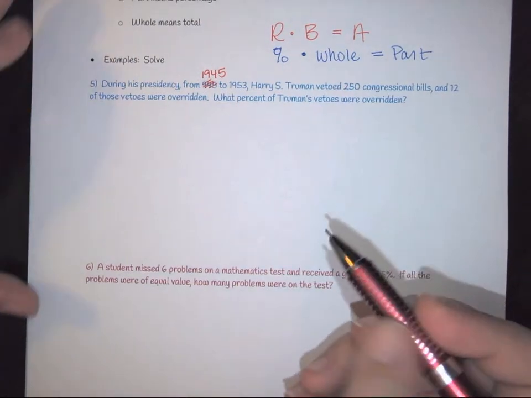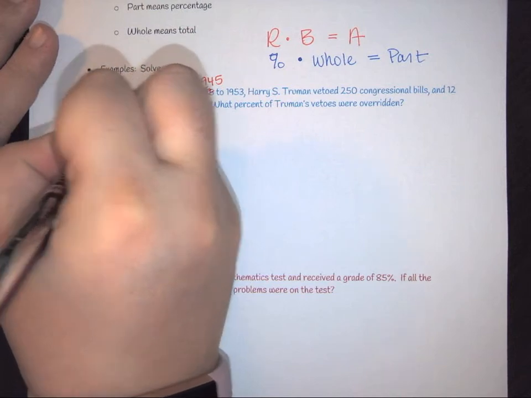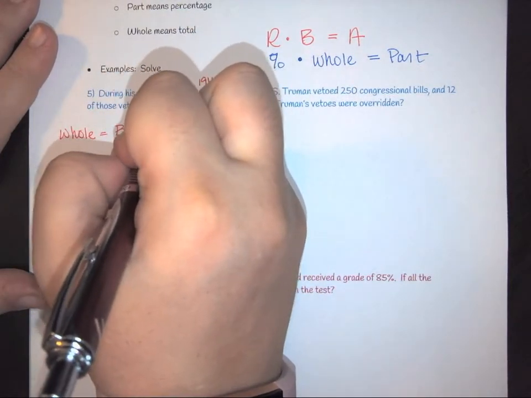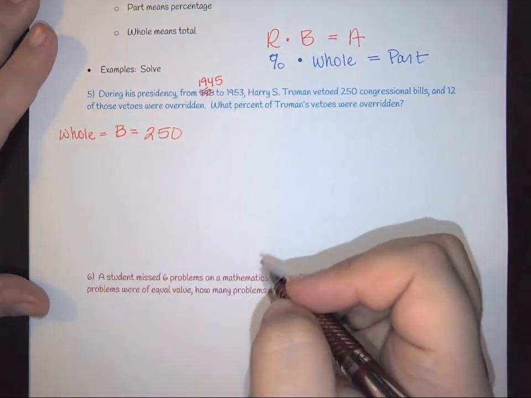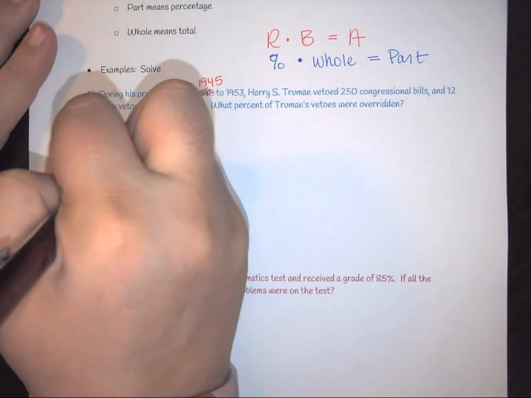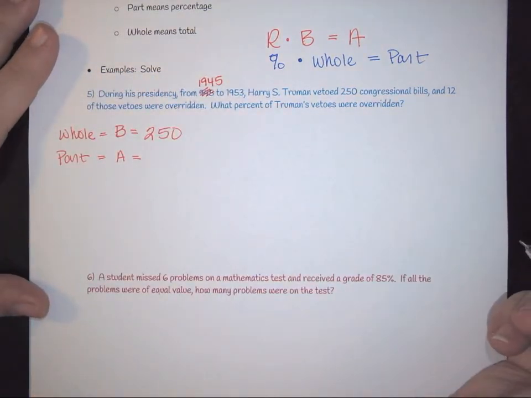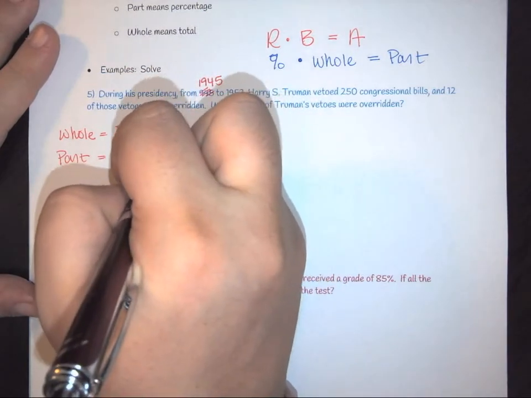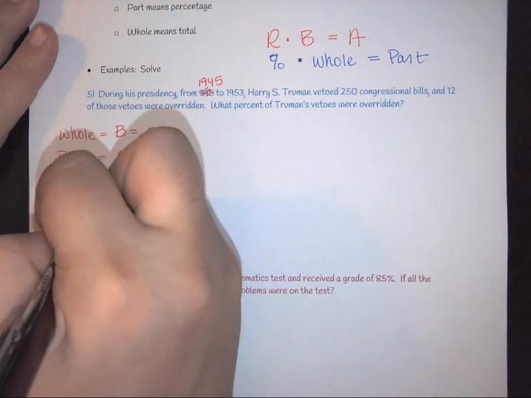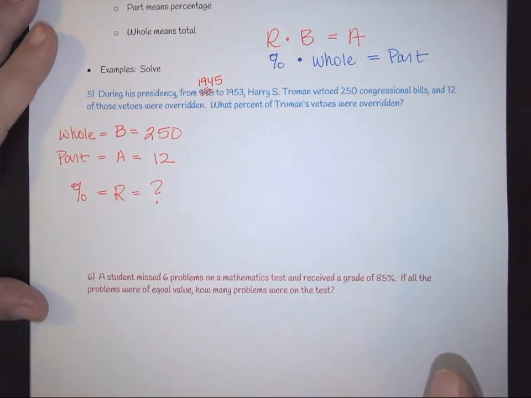So, when we're talking about the whole, which is your B term, we would be talking about his total, which is 250. When we are talking about the part, in terms of A, we would be talking about the number of vetoes that were overridden, which in this case was 12. However, when we're talking about your percent, which is your rate, well, we don't know. That's what we're trying to find out.